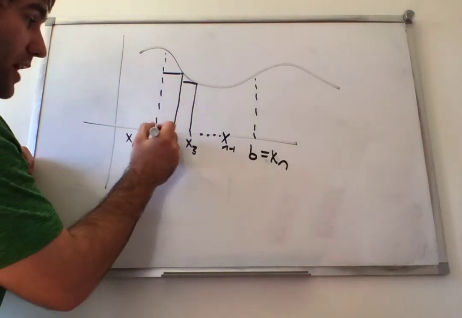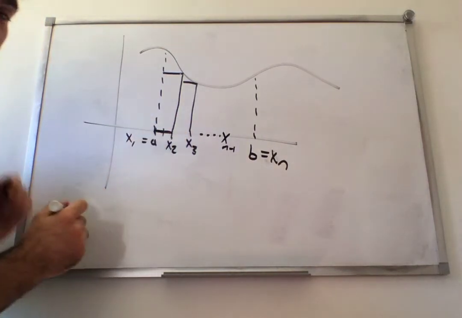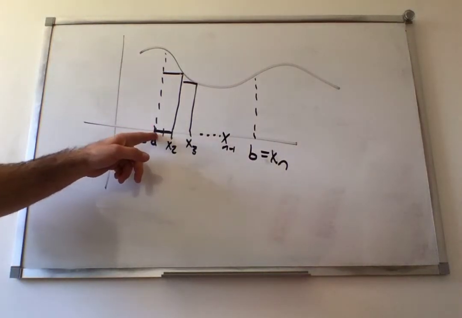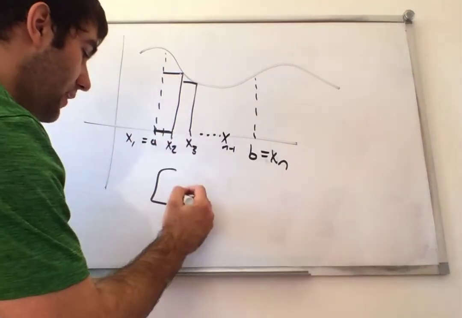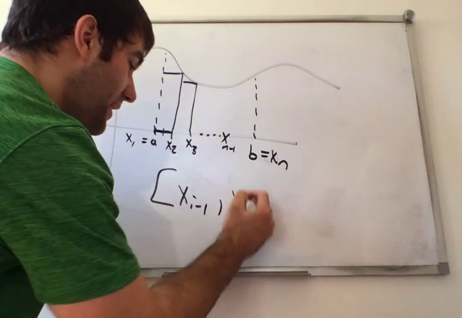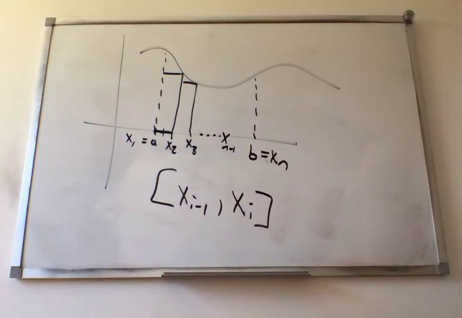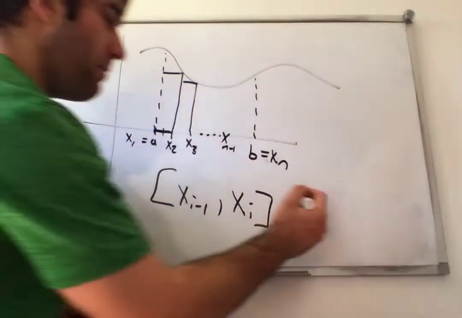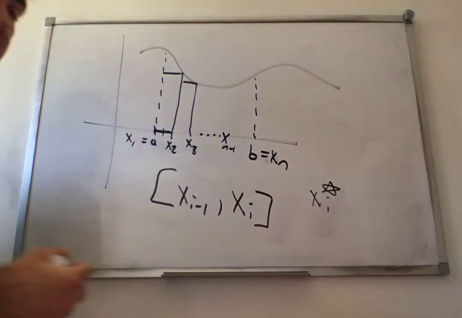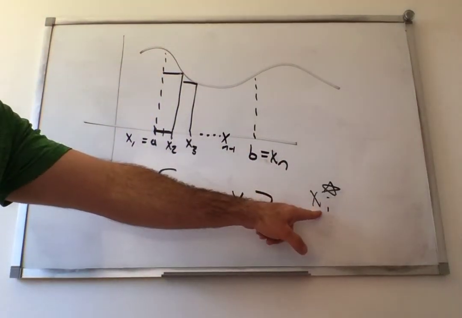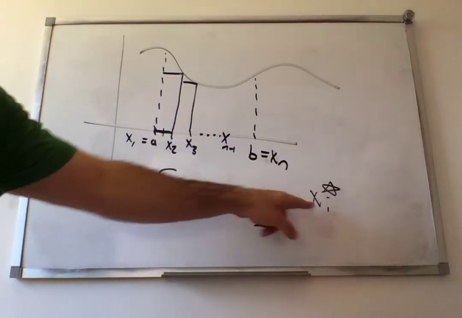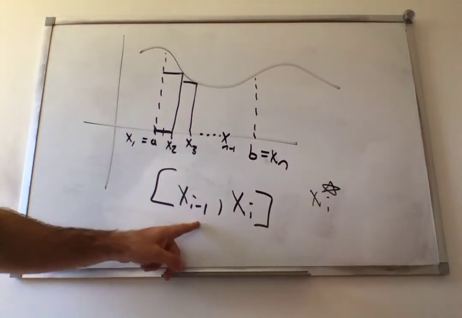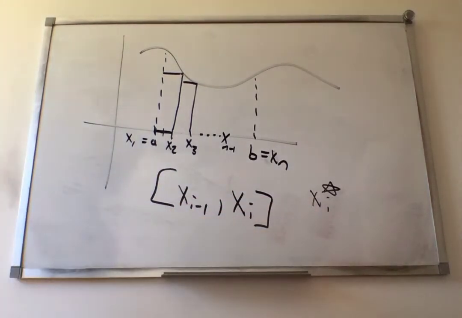What this definition is saying is that on any interval between xi minus 1 and xi, I just pick a rectangle. If I pick some number, xi star, inside that interval, this xi star could be the right endpoint, the left endpoint, or the midpoint. It could be any point we want on this interval.